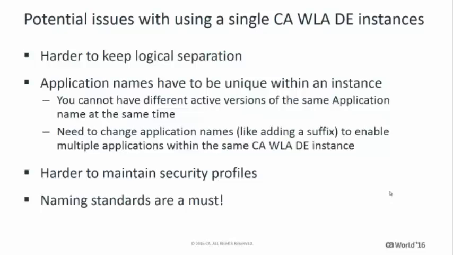You need to change application names, like adding a suffix or prefix, to enable multiple applications within the same DE instance. So it is harder to maintain security profiles, although it can be done and is done by many customers, but it takes a little bit more to keep those security profiles in sync. Again, naming standards are a must whether using a single or multiple DE instances.